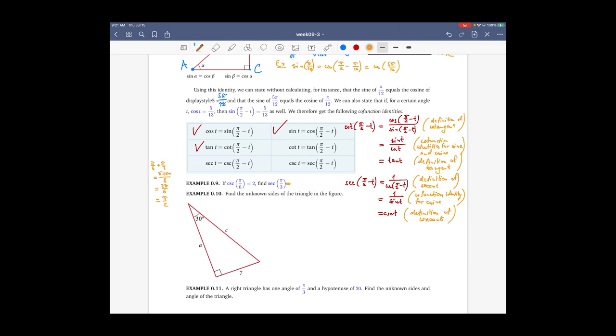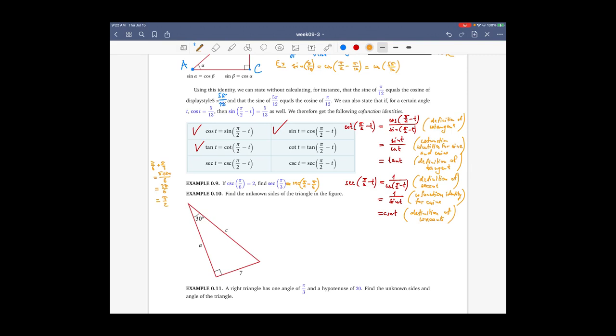So secant of pi over 3 is secant of pi over 2 minus pi over 6. So what happened? We have replaced pi over 3 by pi over 2 minus pi over 6.